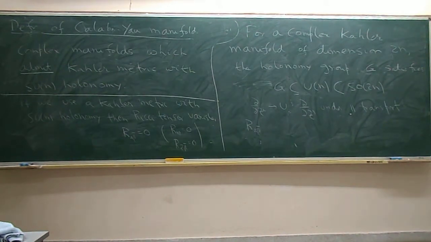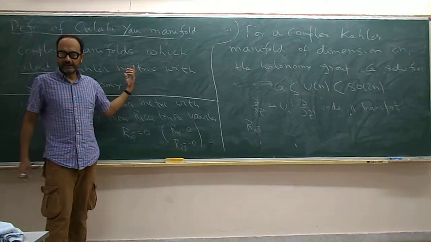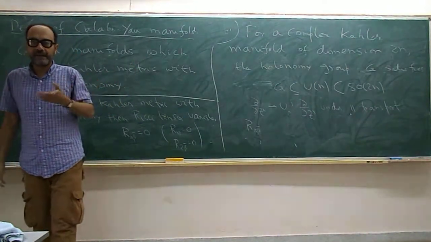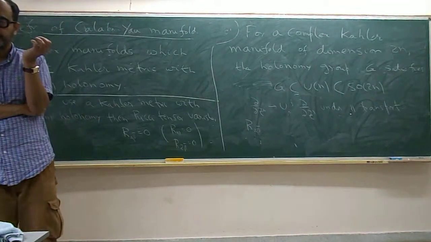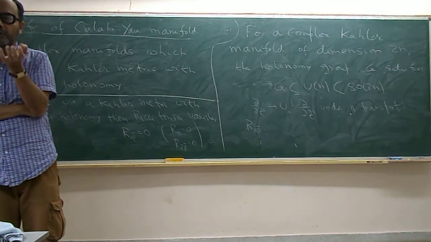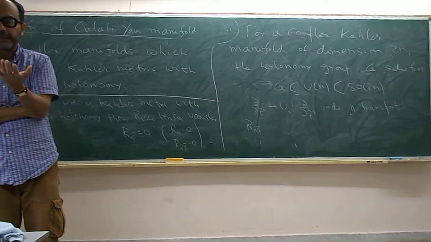So was T6 an instance of Calabi-Yau? The T6 is an instance of Calabi-Yau because again the holonomy is trivial, and a trivial group of course is always a subgroup of SU(N). So all tori, even dimensional tori, are instances of Calabi-Yau. But from T4 onwards, you have other Calabi-Yau manifolds.